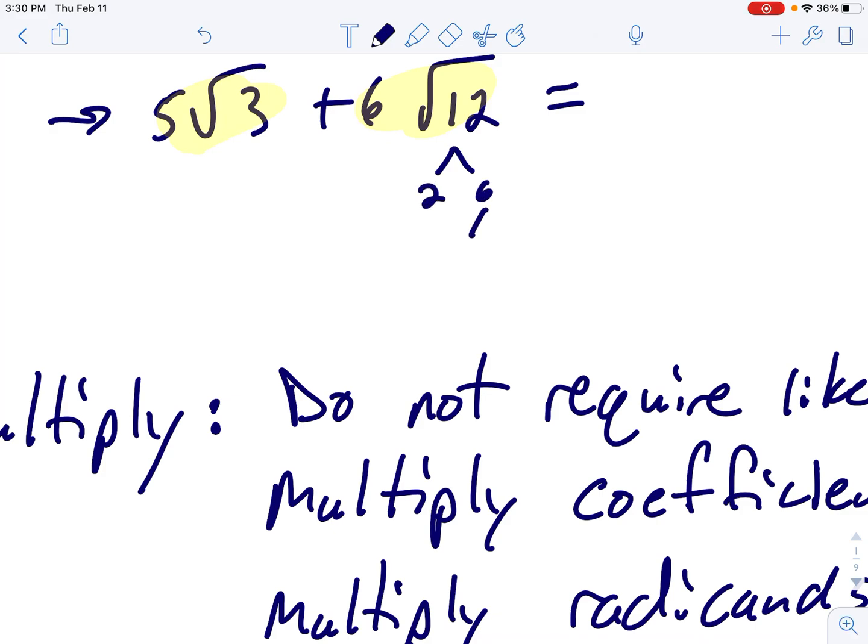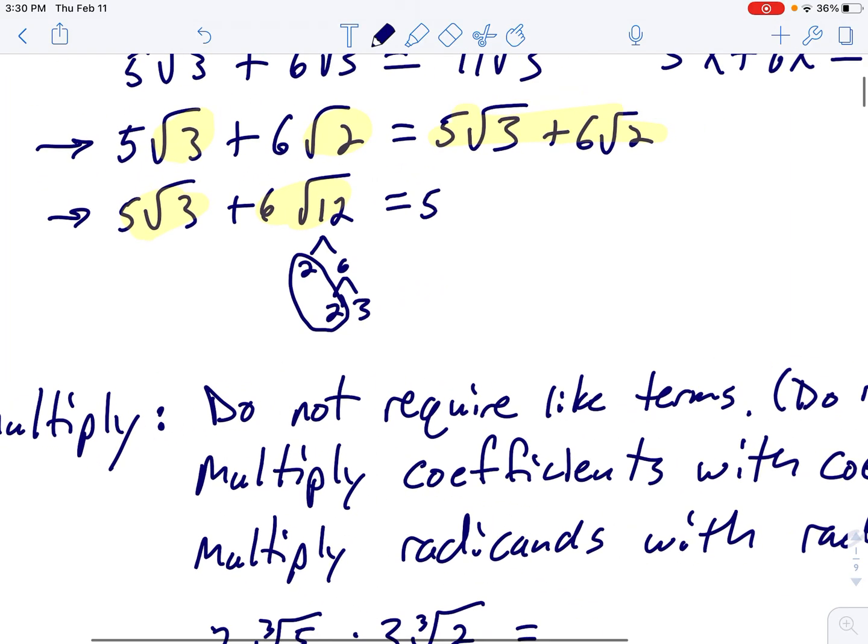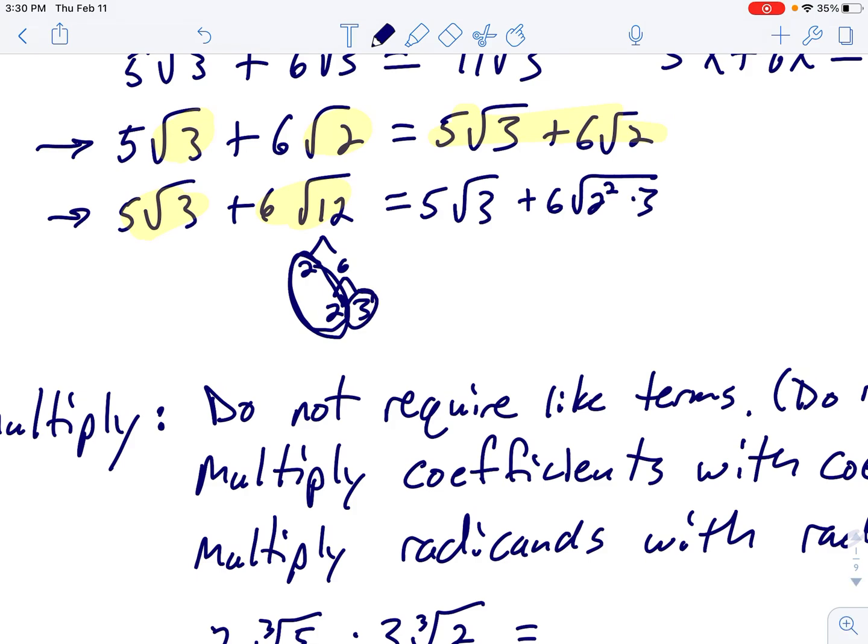12 is 6 times 2, and 6 is 2 times 3. So we do have a pair of 2's there. We can look at this as 5 square root of 3 plus 6 square root of a pair of 2's becomes 2 squared. That 3 just stays a 3. So you get 5 square root of 3 plus 6 times 2, right? This square root cancels.